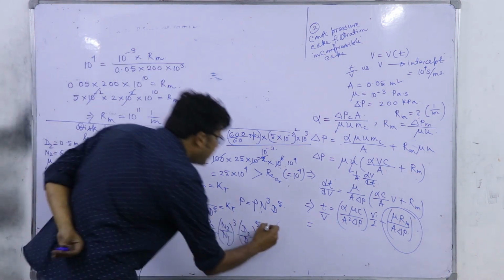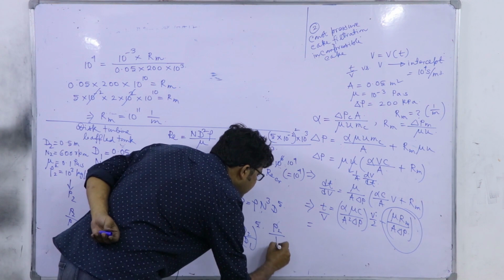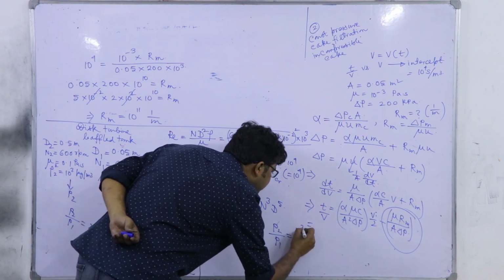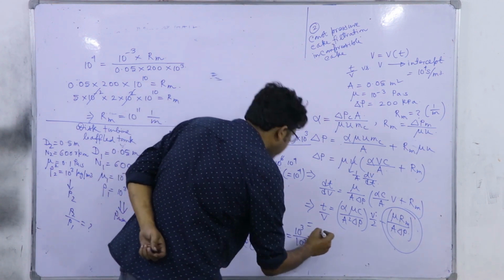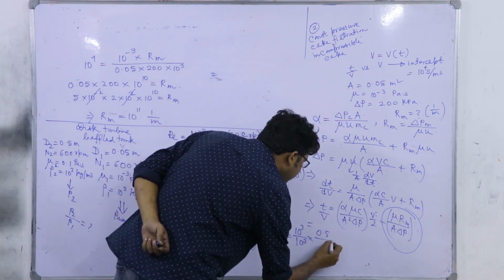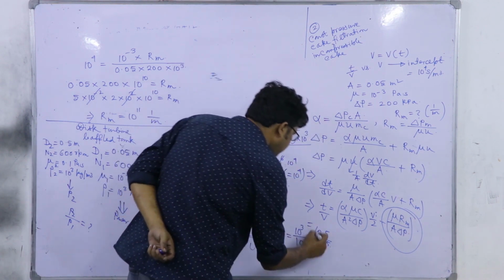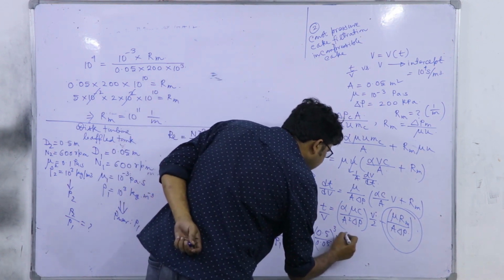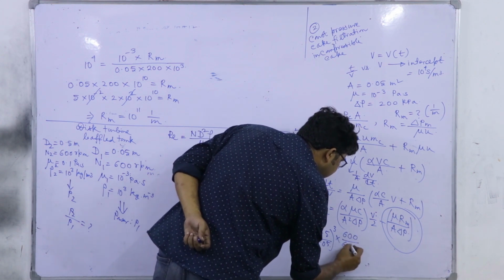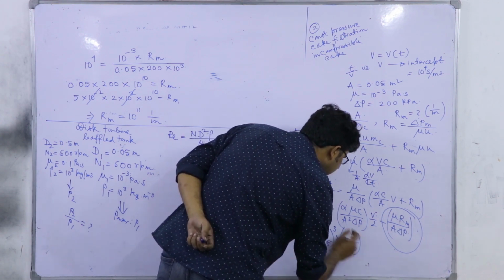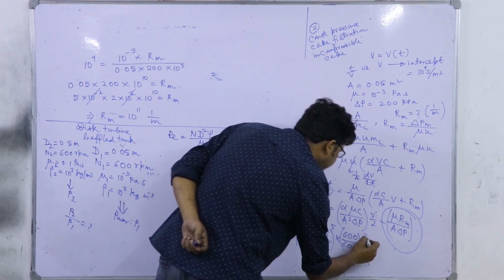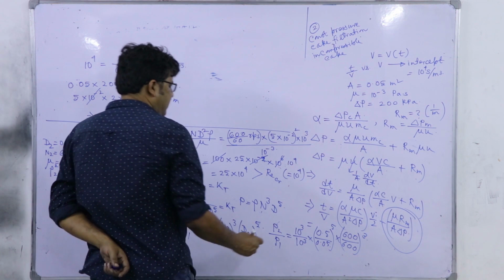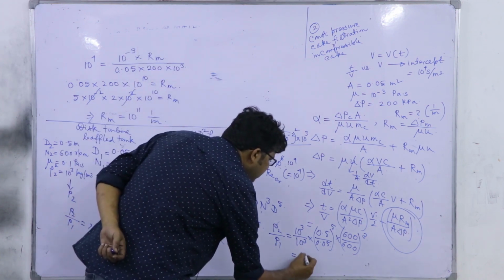So, P2 by P1 is 10 to the power 3 by 10 to the power 3, into 0.5 divided by 0.05 to the power 5, into 600 by 600 cube. Sorry, this is to the power 5, and this is cube. So my answer is 10 to the power 5.